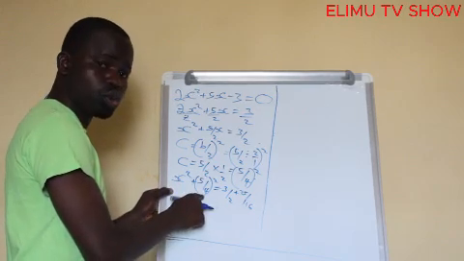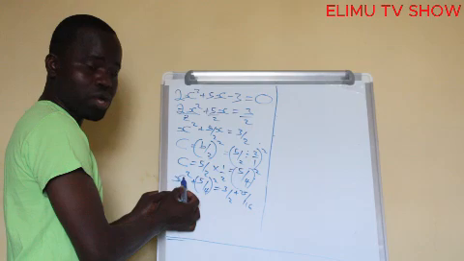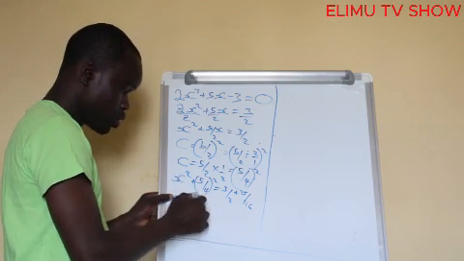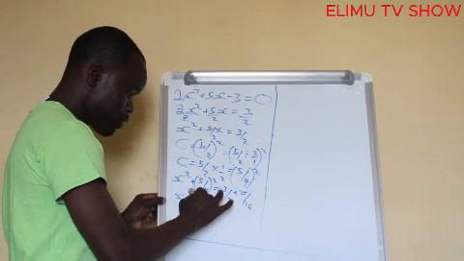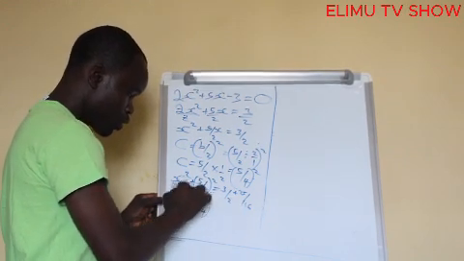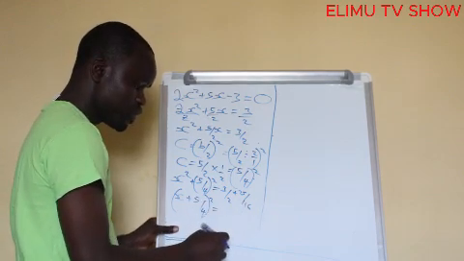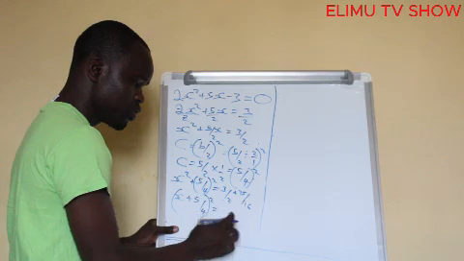From that point, what we are going to do is very simple. We are going to open the bracket. Since we have got a square on x, and also a square on 5 over 4, we are going to have x plus 5 over 4, squared, is equal to. If we solve this one, the LCM is 16.